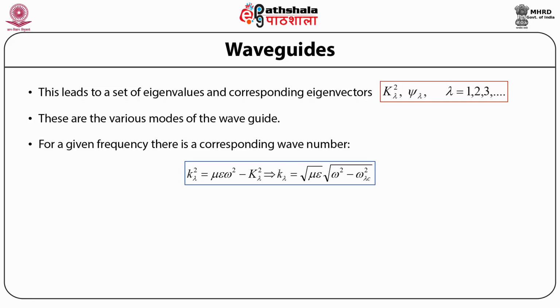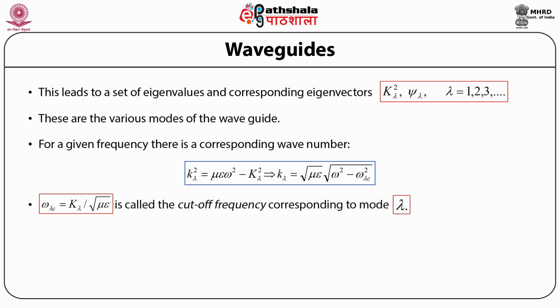It follows that small k subscript lambda is equal to the square root of mu epsilon times the square root of omega square minus omega subscript lambda c square, where omega subscript lambda c is equal to capital K subscript lambda by the square root of mu epsilon, and this is called the cutoff frequency corresponding to the particular mode lambda.